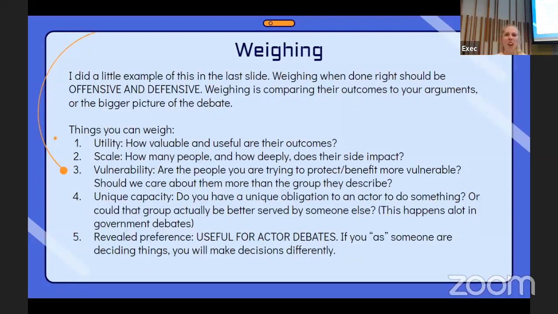For example, the other side might get really good economic benefits, but if your actor in that debate doesn't care about economic benefits and instead cares more about benefits that they get individually or benefits that they get to their family, it's more likely that you're able to get ahead if you weigh those two scenarios against each other and explain how that actor has a revealed preference for things that benefit them. Obviously, that most of the time happens in actor debates.